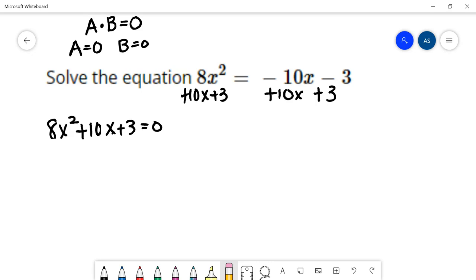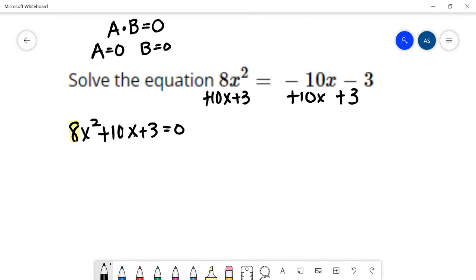Then I also have a more complicated quadratic method. And we're going to decide basic or complicated based on the coefficient of the x squared term. So our coefficient is an 8, so it's going to be the more complicated version. If it were a 1, it's the easy version.